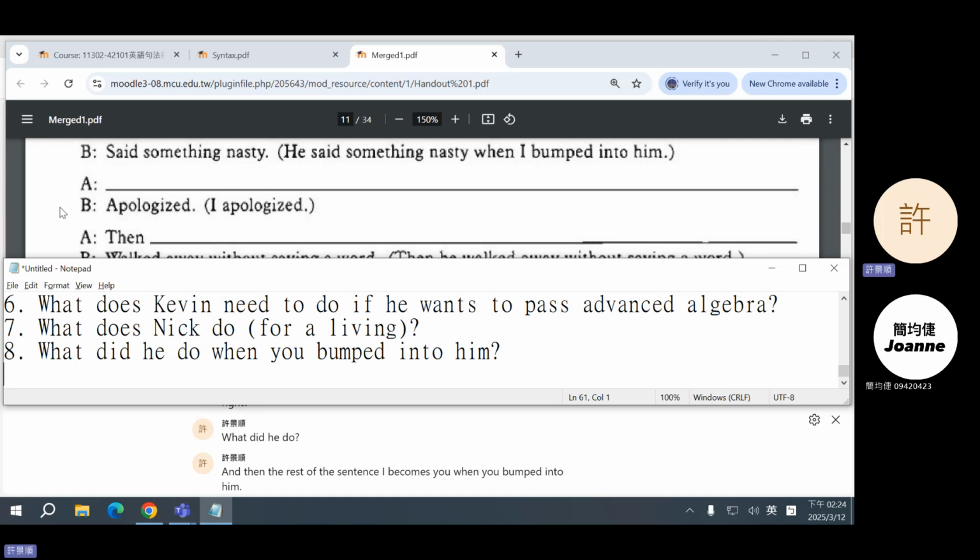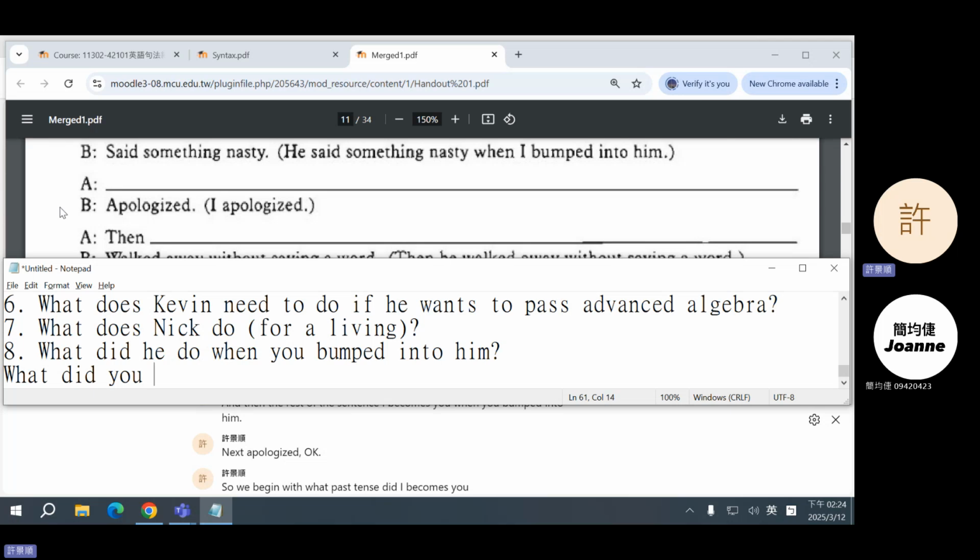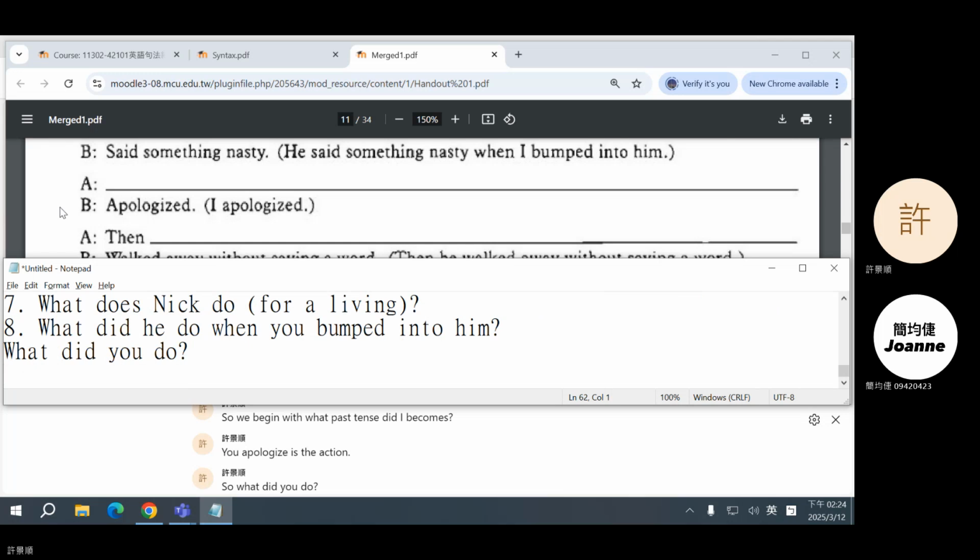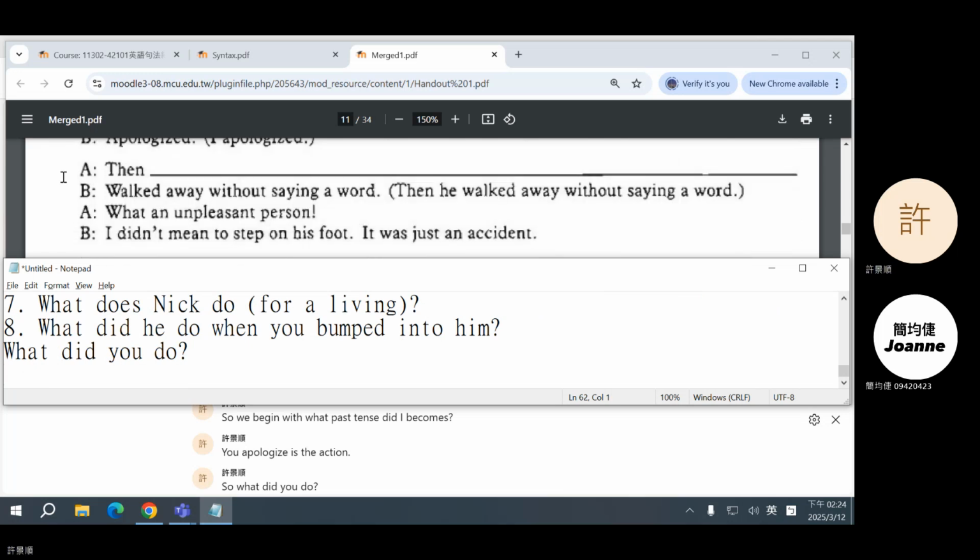Next, apologized. Okay, so we begin with what? Past tense, did, I becomes you. Apologize is the action, so what did you do? Next, then. The answer is walked away without saying a word.